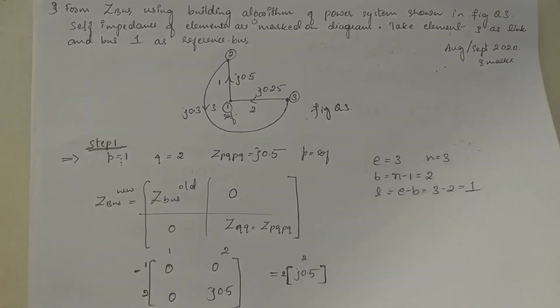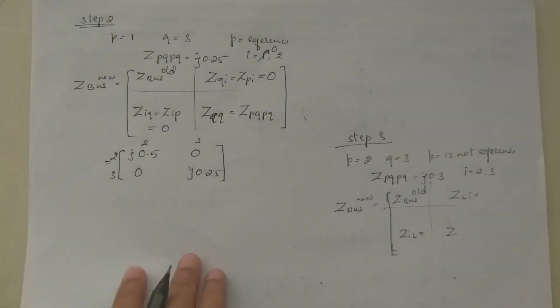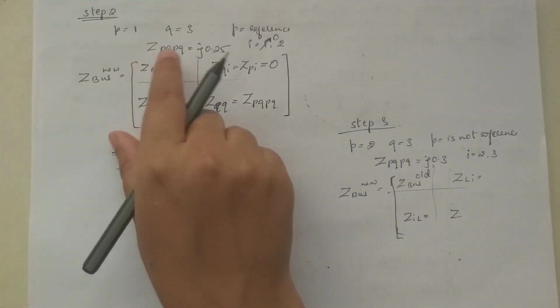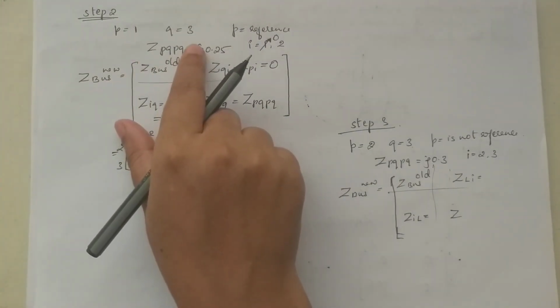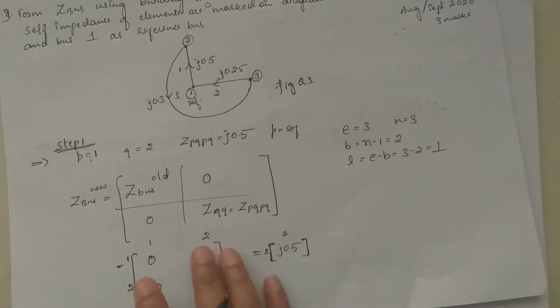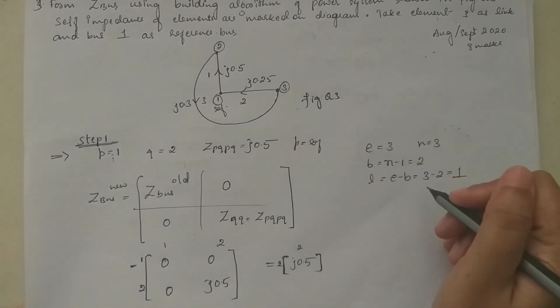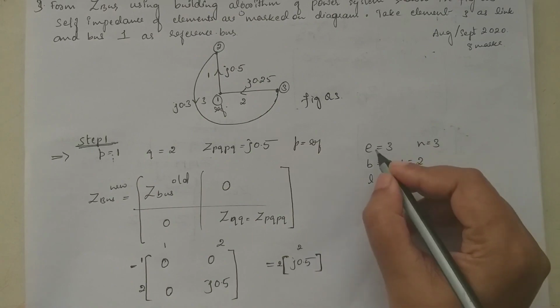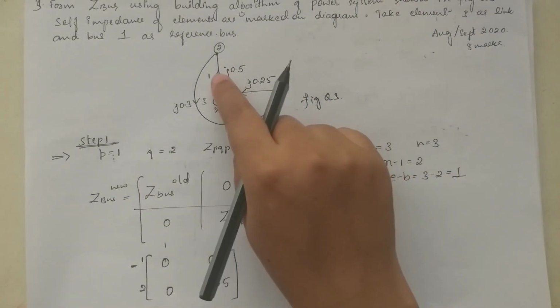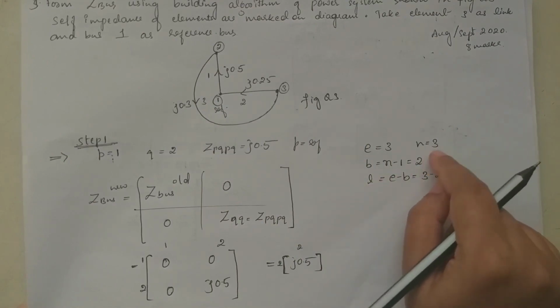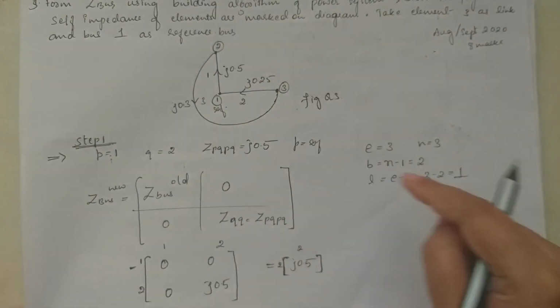Okay, in step 2, we are taking P is equal to 1 and Q is equal to 3. How do we decide whether it is a branch or link? That will be decided by calculating the number of branches and number of links. The number of elements is 3, and the number of nodes is 3.